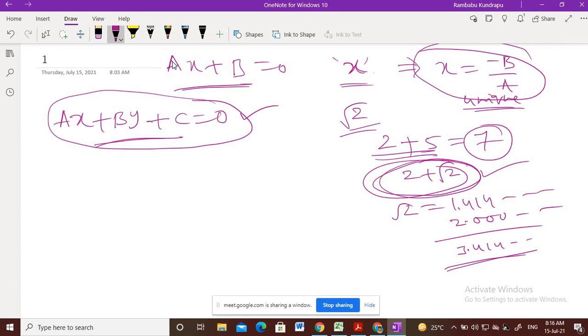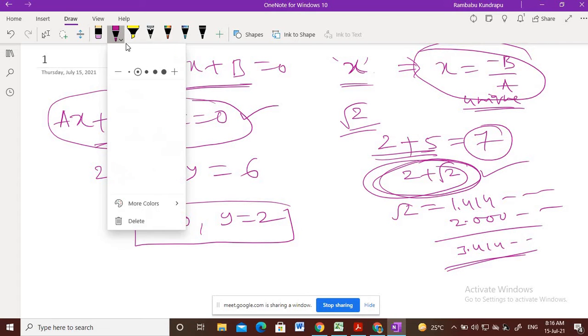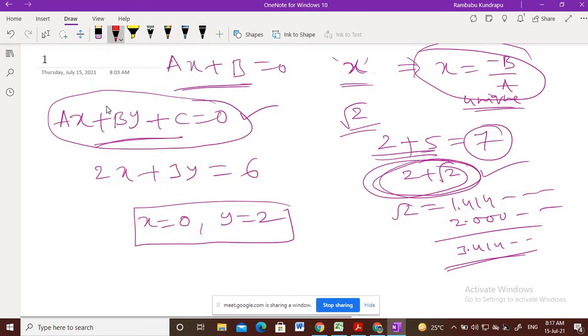For example, if I take one equation 2x plus 3y is equal to 6. If I take x is equal to 0 and y is equal to 2 and substitute these values in the given equation, you can see whether it is satisfying or not. 2 into 0 plus 3 into 2 is equal to 6, that means 6 is equal to 6.